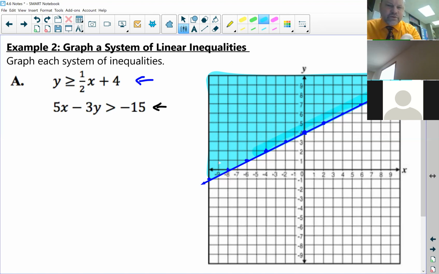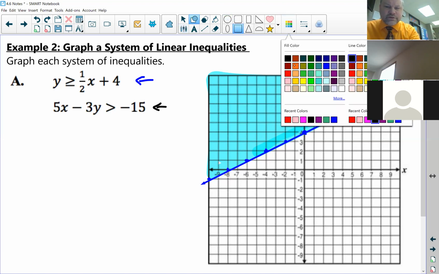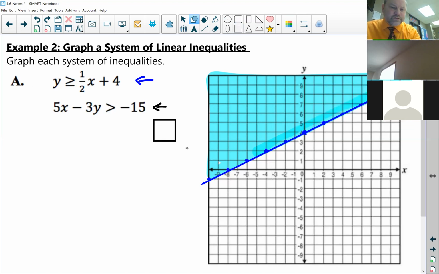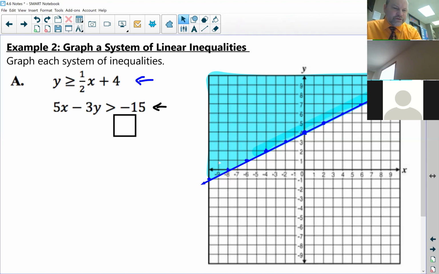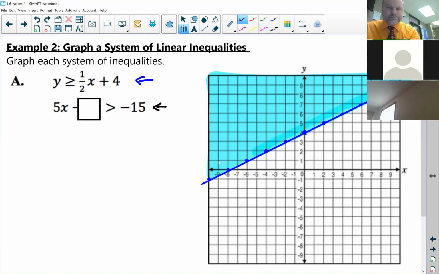My second equation, using the cover-up method. So to find the x-intercept, I cover up the y. And I'm going to move this just for a second.